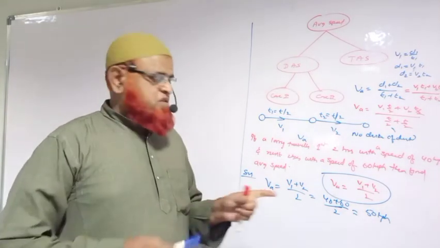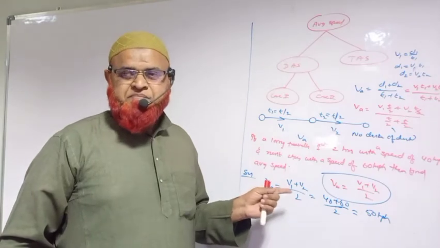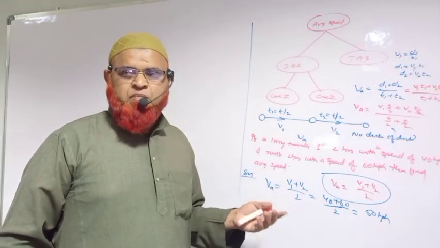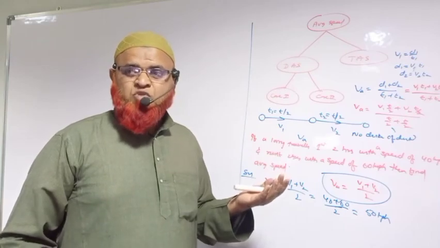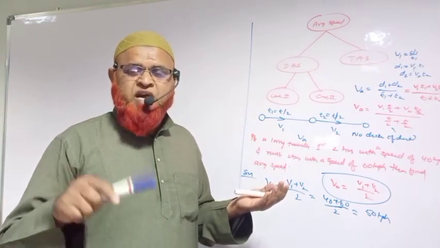This is called the geometric mean, and that is called the harmonic mean. Harmonic mean means 2v1v2 by v1 plus v2.